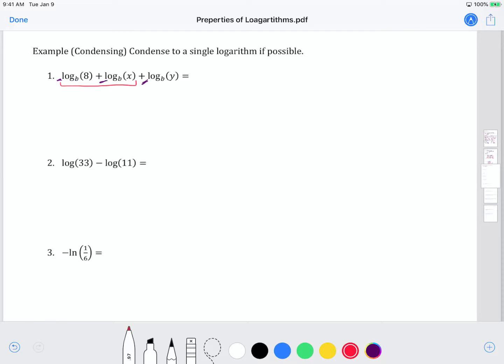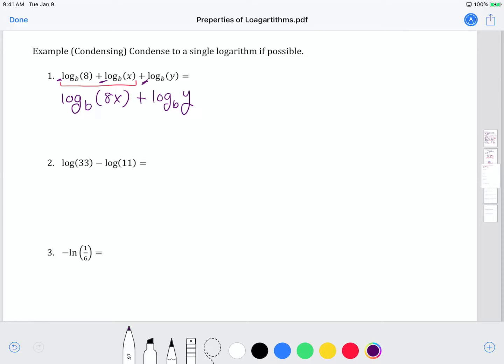So for log base b of 8 plus log base b of x, I'm going to condense those by using the product rule. I can change addition of two logs into one log with a product. So that would be 8 times x. And then I'll just carry down the next log.